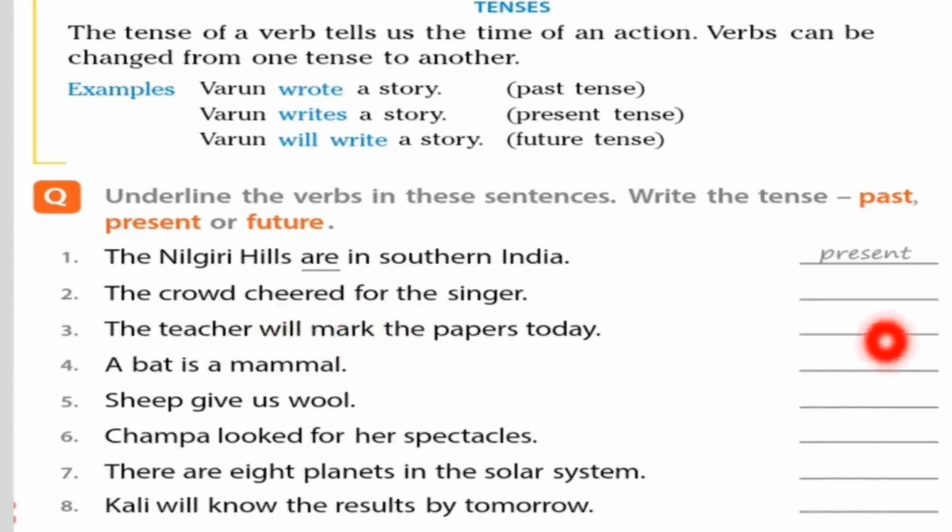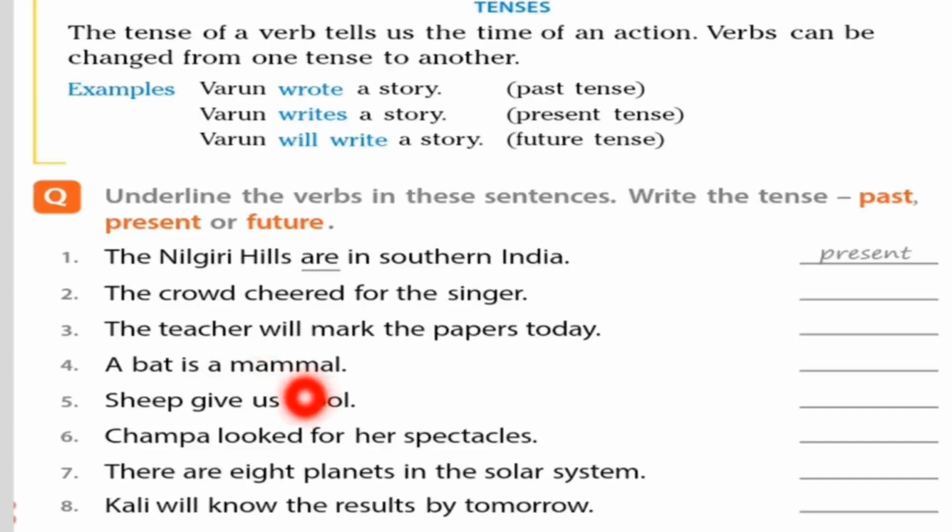A bat is a mammal. So is is used over here, and in the next sentence, give is given. So is and give are both present tense. Is means present tense, right? A bat is a mammal, because you know the bat is a mammal, it won't change. The bat will remain a mammal itself. There won't be any change in that.